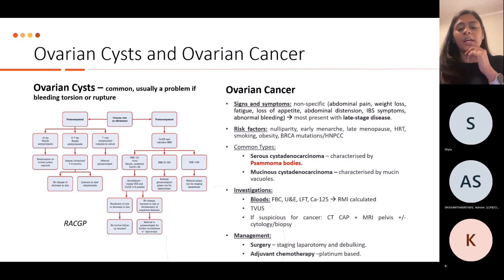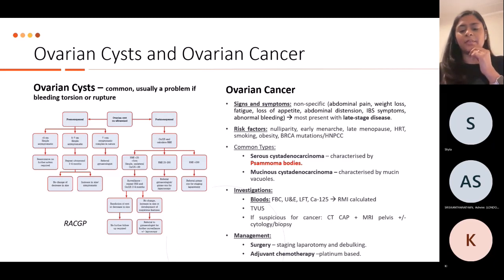This would include a CA125 as well as the type of cyst that you have. If it's a simple cyst, that's not showing any signs of possible malignancy. If it's got lots of locules, or any solid aspects to it, then that would be more indicative of possible ovarian cancer.